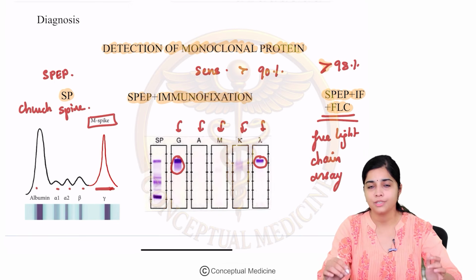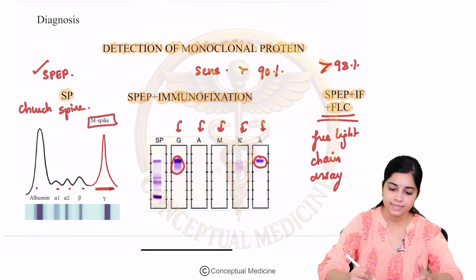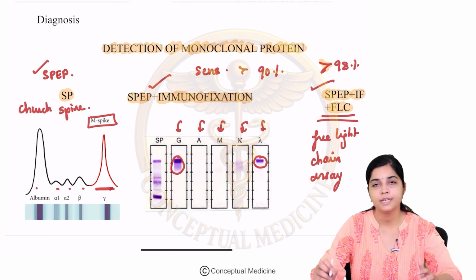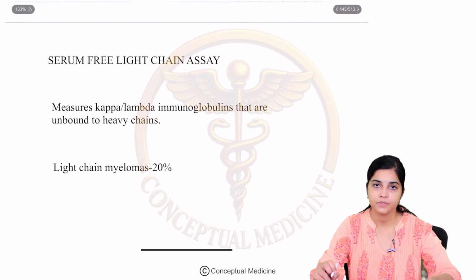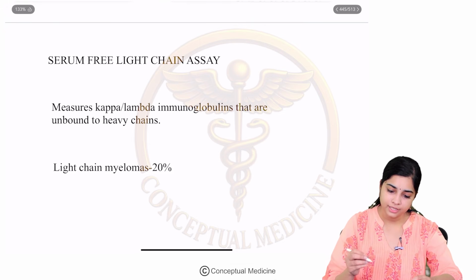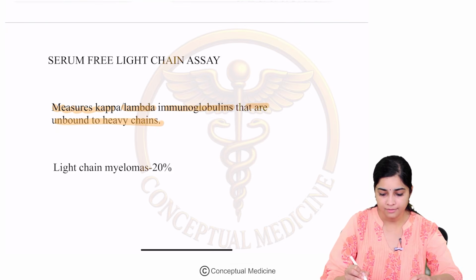So this is about the various tests used in the diagnosis of multiple myeloma. It includes SPEP and immunofixation, and SPEP and immunofixation along with the free light chain assay. So what is the serum free light chain assay? It measures the kappa or lambda immunoglobulin light chains that are unbound to the heavy chains.